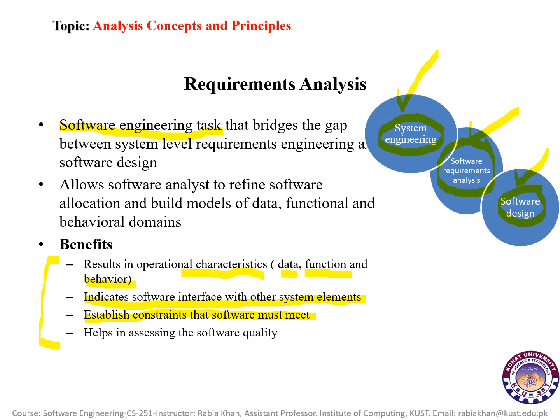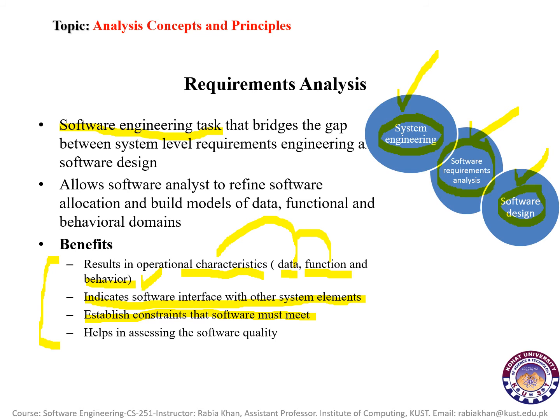As I just said, these are the operational characteristics of software. What sort of data has to be operated by your software, the functions that will be provided by your system, and the behavior or the response it will generate as a response to some internal or external events.